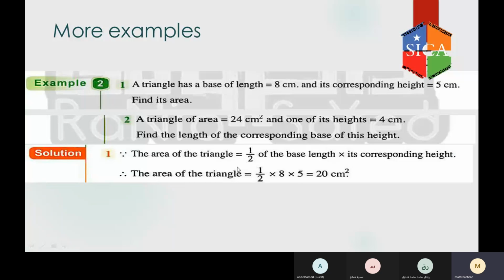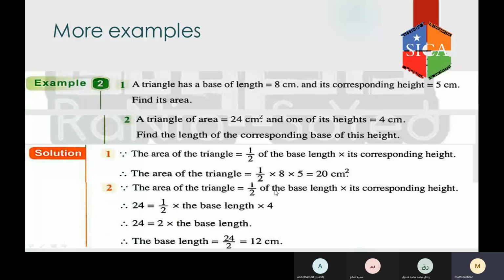This is the solution. Number 1: the area of the triangle equals half of the base times the corresponding height, which is half times 8 times 5, equals 20. Number 2: the area of the triangle equals half the base times its corresponding height. The area is 24, equal to half times the base times 4, which is the height.